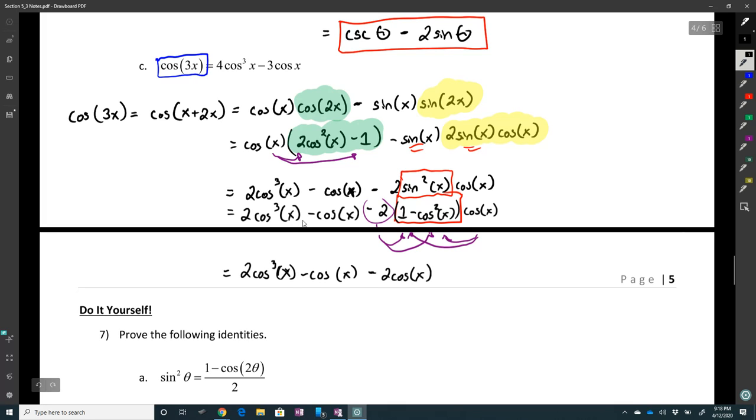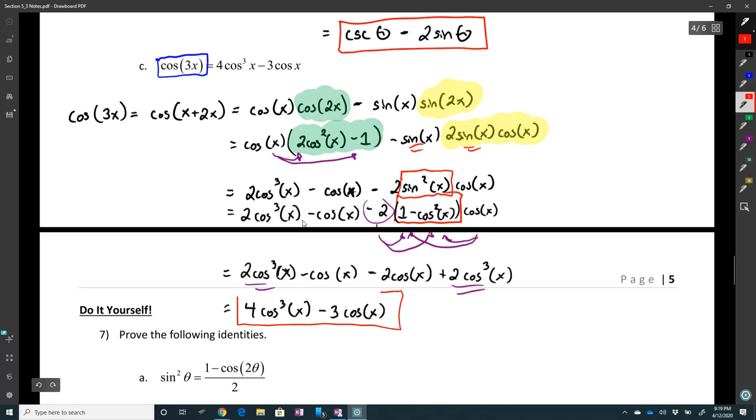A double negative is +2 cosine cubed x. And then I can combine like terms. So we end up with 4 cosine cubed x minus 3 cosine of x. This one's a toughie. If I did put this on a test, it would be bonus.